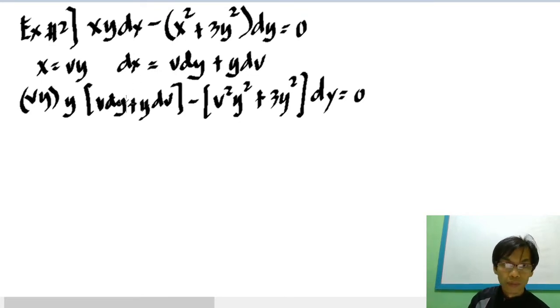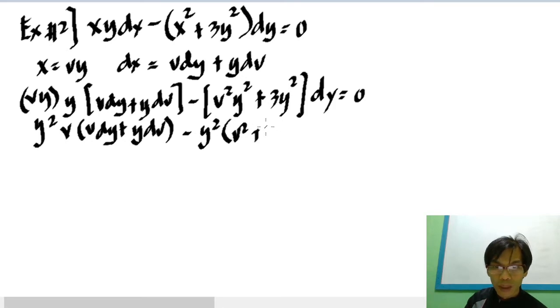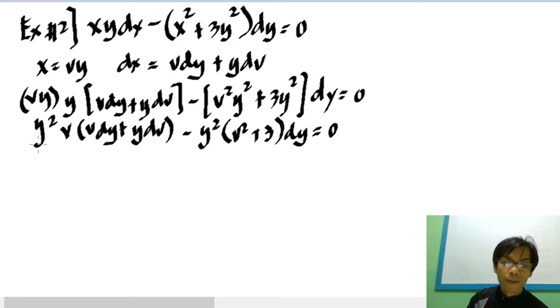Then let's do the algebra. We have y squared v times (v dy plus y dv) minus y squared times (v squared plus 3) dy equals 0. Let's eliminate y squared by dividing all terms by y squared.